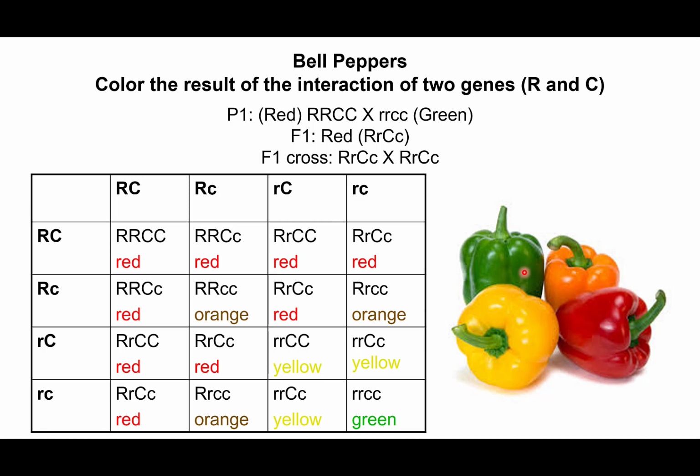It's not an intermediate, it's a completely new phenotype. Likewise, the inverse of that too is when we have homozygous dominance for the C, and we're homozygous recessive for the R, we get a yellow phenotype. Okay, so this is a great example of just how we have multiple genes and we get these unexpected phenotypes that become difficult to figure out from a strictly Mendelian fashion.